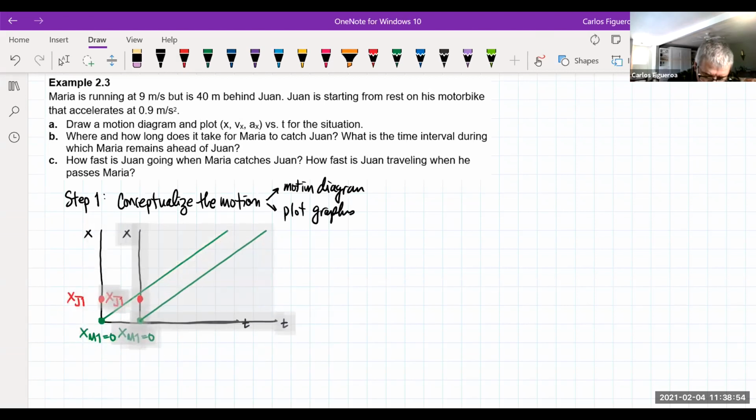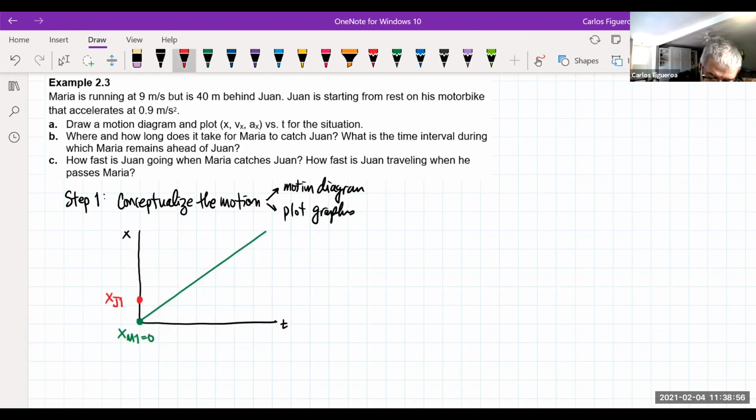So what I'm thinking here is that he's starting at a location 40 meters ahead of Maria. Okay? So he accelerates. So that means if he's starting from rest, we know for a fact that his slope at that point at t equal to 0 better be 0. So now let's go look at what happens here.